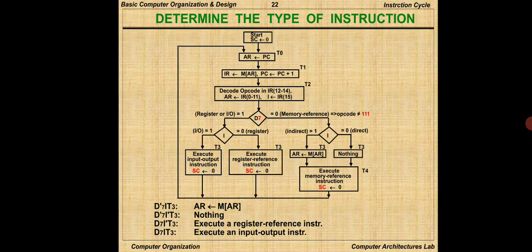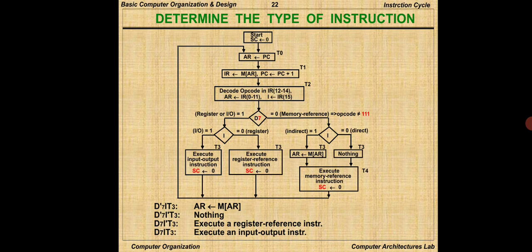It will execute the memory reference instruction and the counter value will be cleared to 0. This finishes the T4 state. When the T4 state is finished, I jump again to the T0 state, where the program counter value is moved to the AR register.